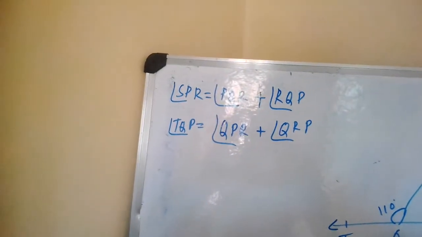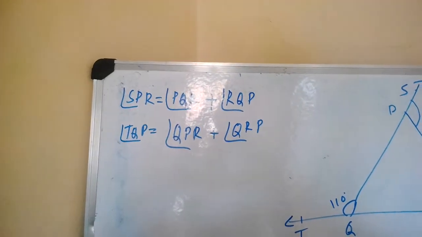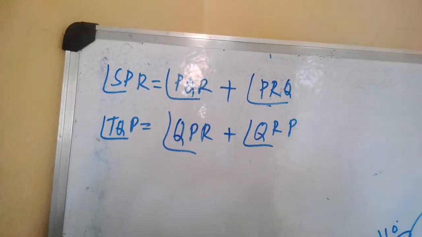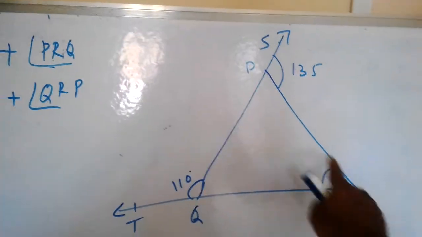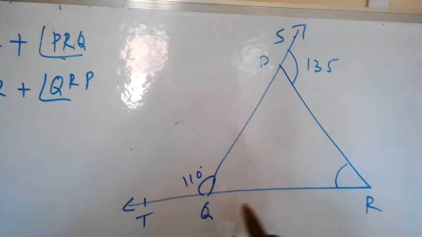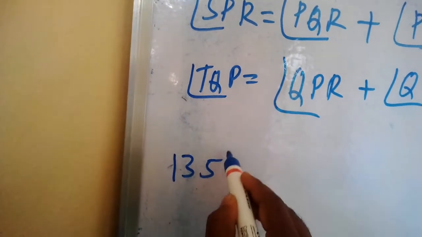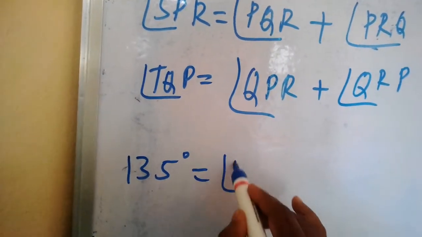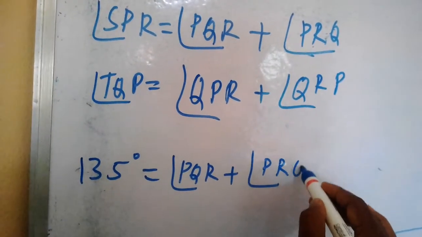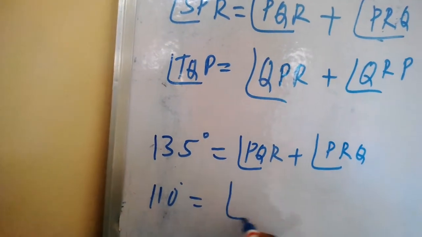Now SPR is 135, write it down, that is equal to angle PQR plus angle PRQ, correct? Next, TQR is 110, that is equal to PQR.